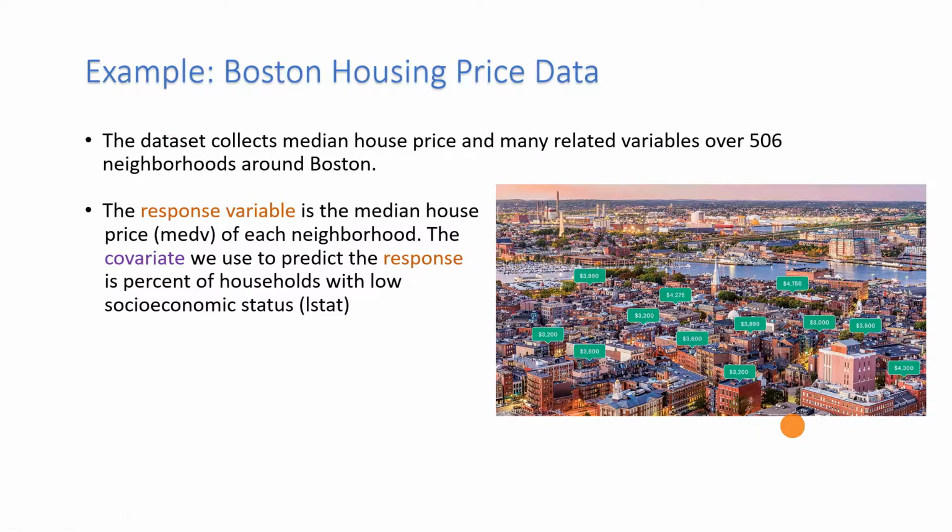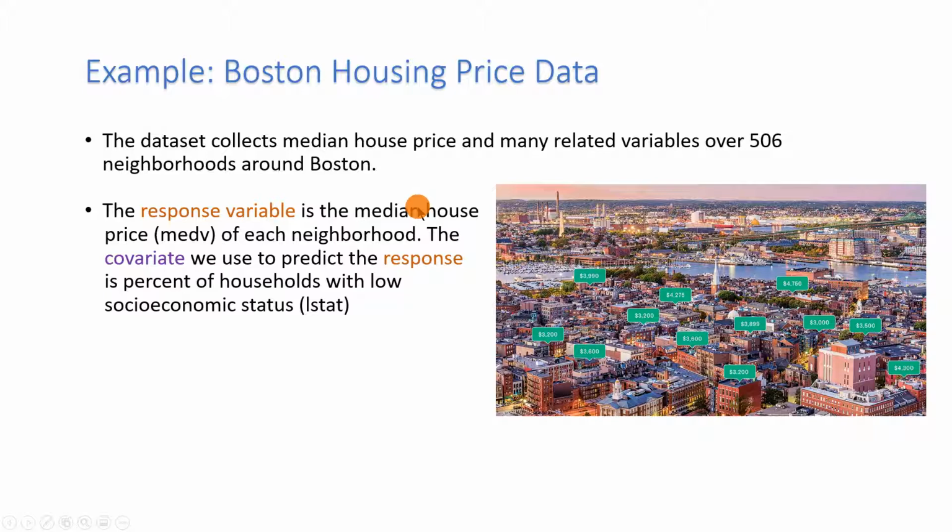Okay, so after we have introduced the problem setup, the estimation, as well as some accuracy assessment properties of simple least squares, let's apply that to a very interesting data set. The data set we want to discuss today is called the Boston house pricing data set. It collects the median house price and many related variables over 506 neighborhoods around Boston.